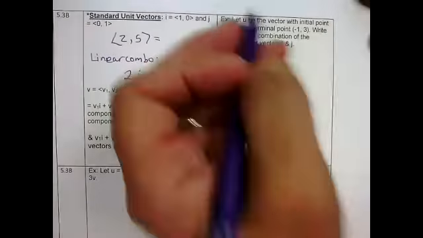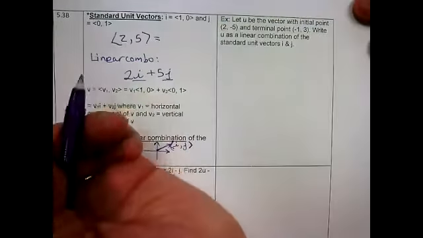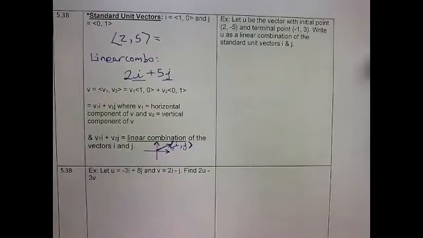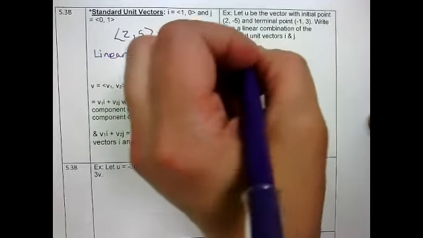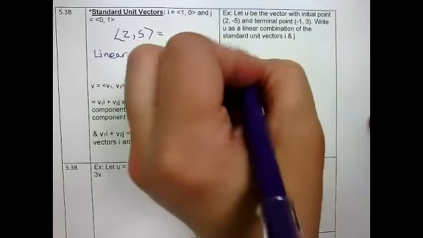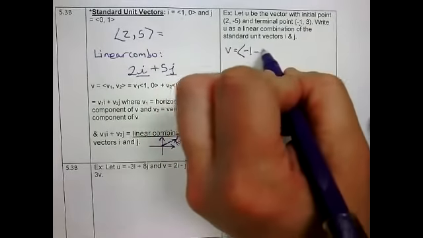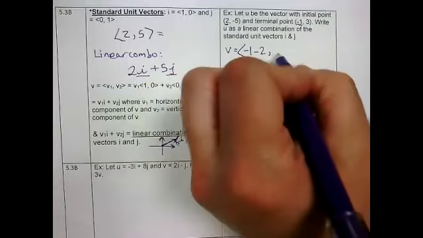So it says, let u be the vector with initial point 2, -5 and terminal point -1, 3. It says, write u as a linear combination of the standard unit vectors. Okay, so let's go ahead and do that. First we need to find the vector. We're going to find this vector v, which is our terminal point minus our initial point. Remember it's the x's, and then it's going to be the y's.